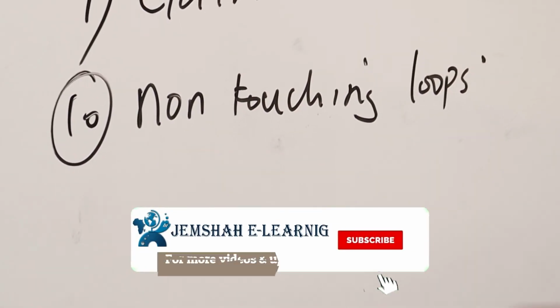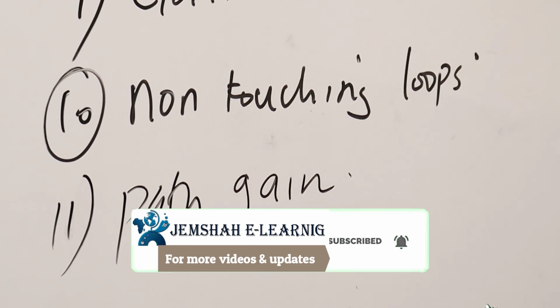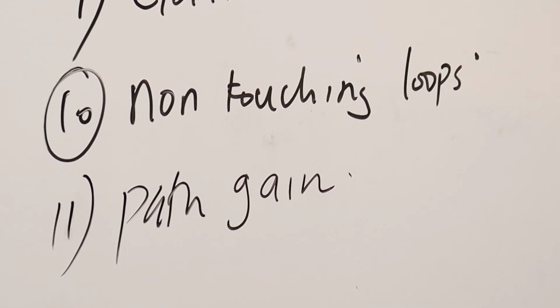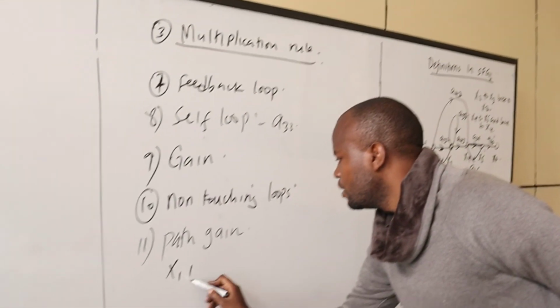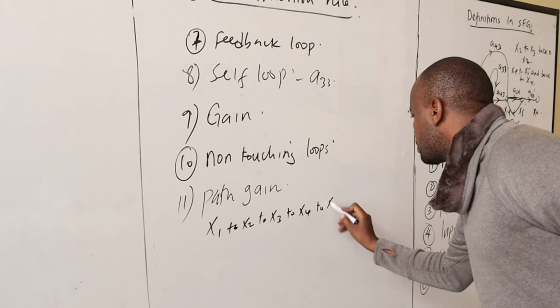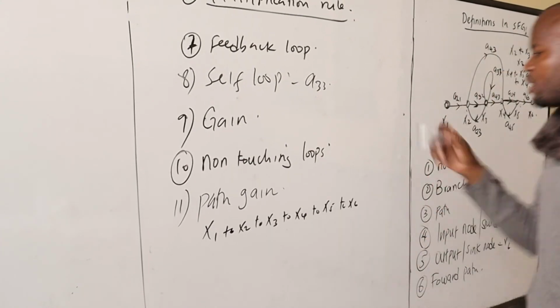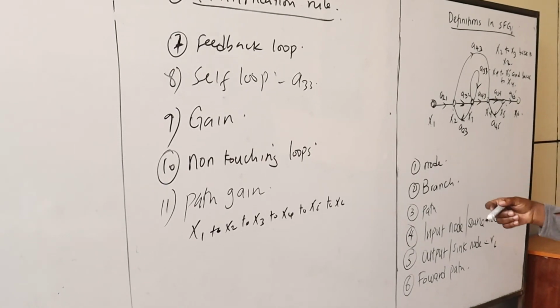The next one, we can talk about the path gain. When you talk about the path gain, this is just the product of the branch gains that are encountered while traversing a path. So we are talking about the product of the transmittances. For example, take the path x1 to x2 to x3 to x4 to x5 and finally to x6. That one is a path, and we can talk about its path gain.